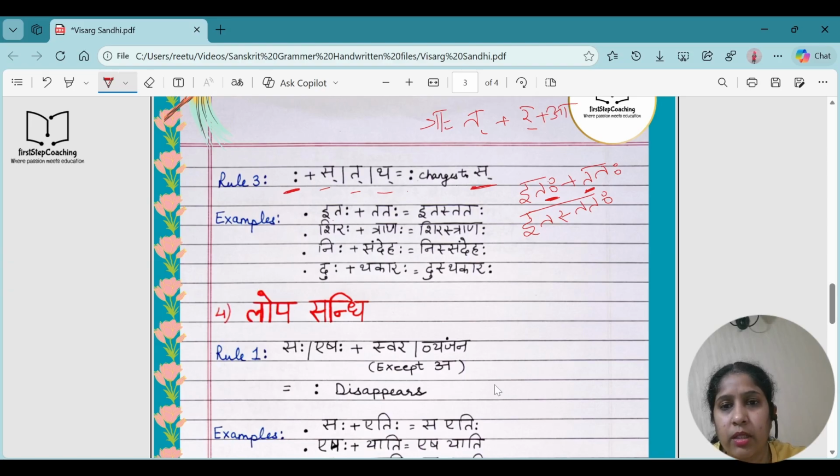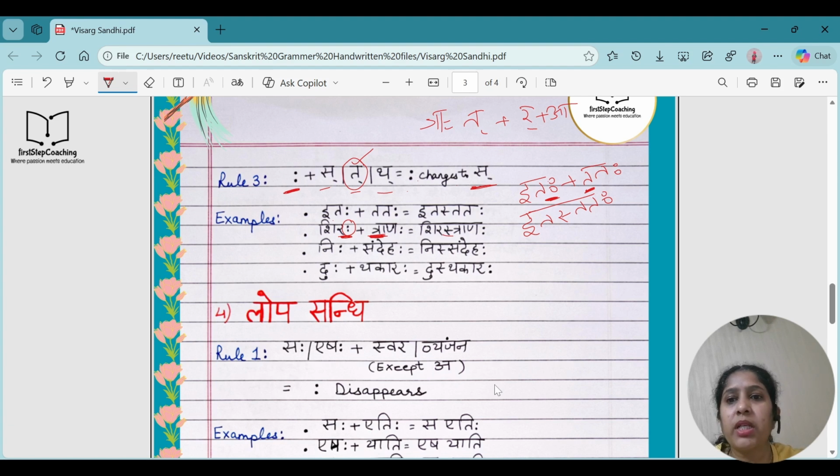So the second word is starting with ta only. So our rule of Shatva Sandhi will work here. The first word is ending with the visarg and the second word is starting with the ta. So the visarg should change to sa. No other change. It will become shirastranaha.